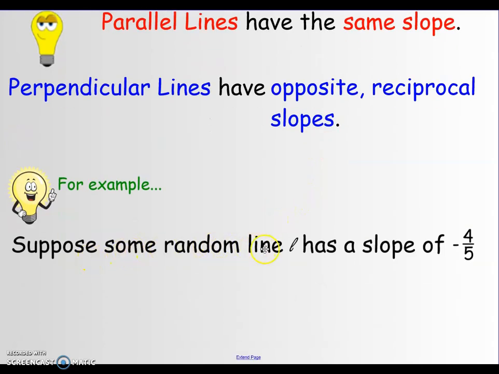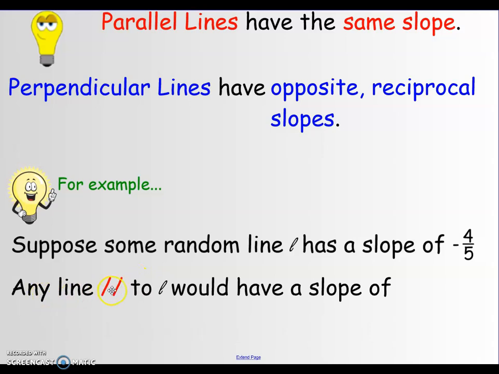Suppose some random line L has a slope of -4/5. So there's some line out there, its slope is -4/5. We would know any line parallel to L would have a slope of, well, parallel lines have the same slope, so that would be -4/5.